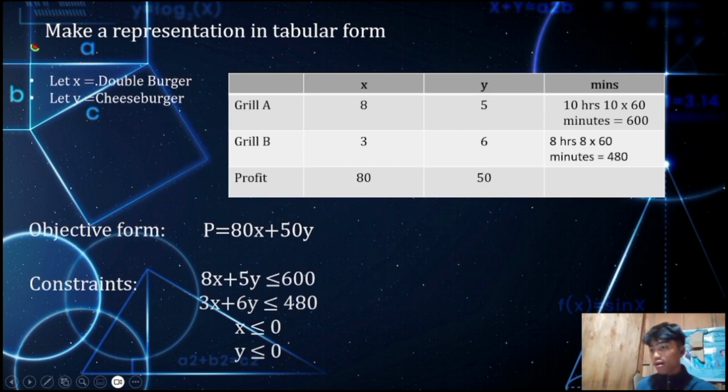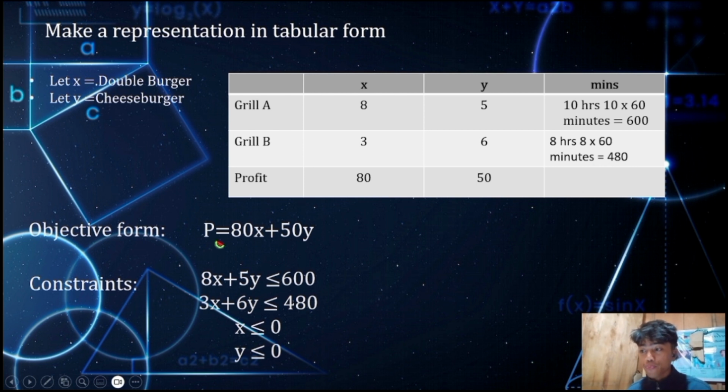Number one, make a presentation in tabular form. Let x equal double burgers and let y equal cheeseburgers. So this is the tabular form. 10 hours times 60 minutes equals 600, and 8 hours times 60 minutes equals 480.